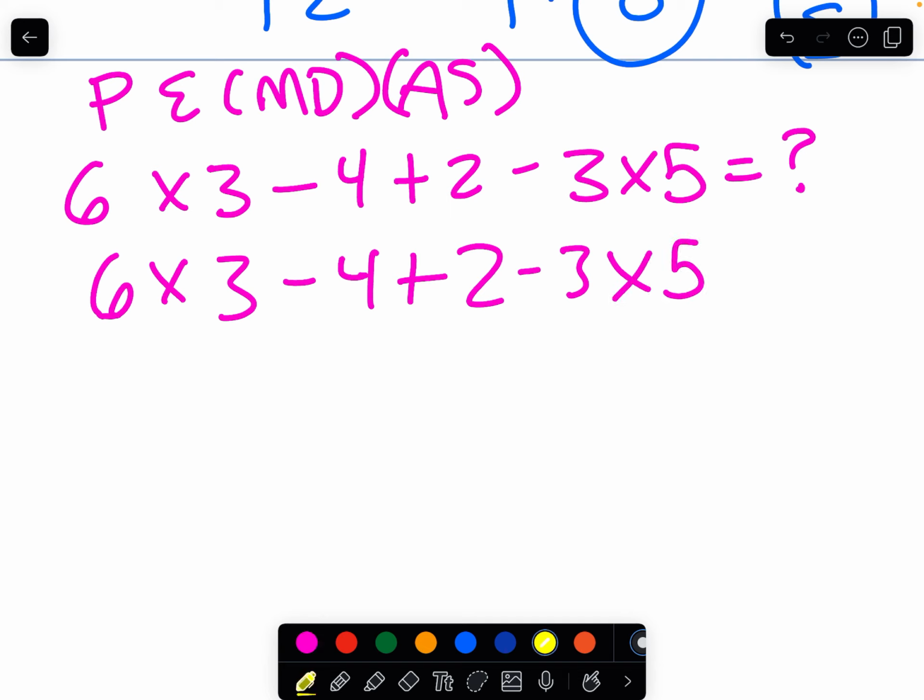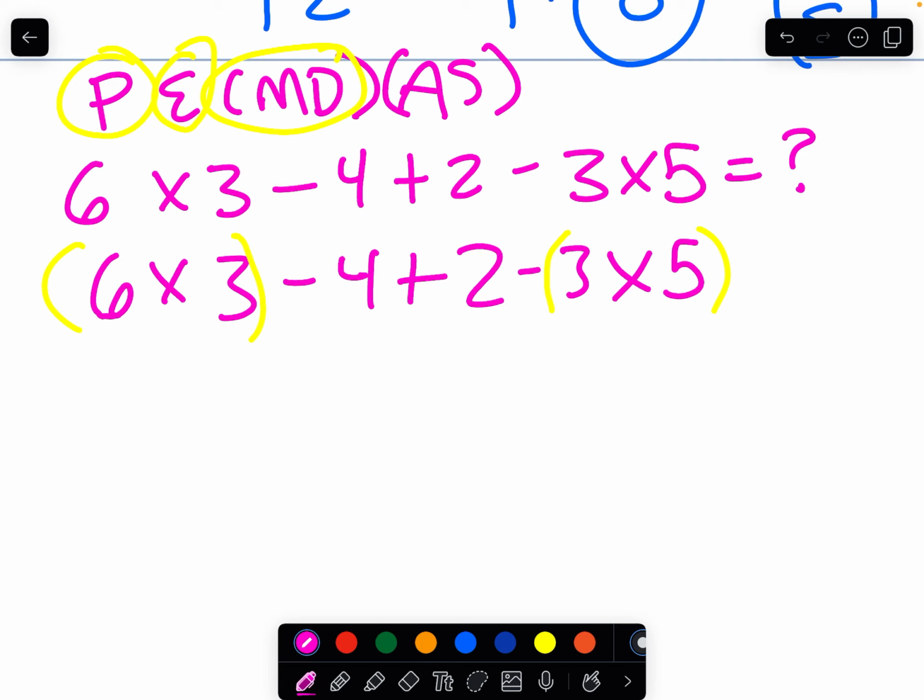First, I'm going to look. I'm going to say, is there any parentheses in this problem? There is not. I can move on. Are there any exponents in this problem? There aren't. I can move on. Is there multiplication and division in this problem? Well, yes, there is. So I'm going to put my own parentheses in where I see multiplication and division. And those are the steps I have to do first from left to right.